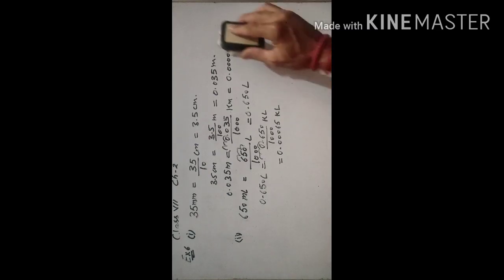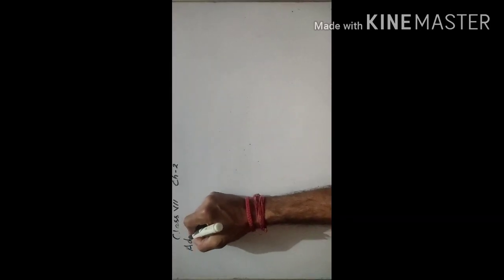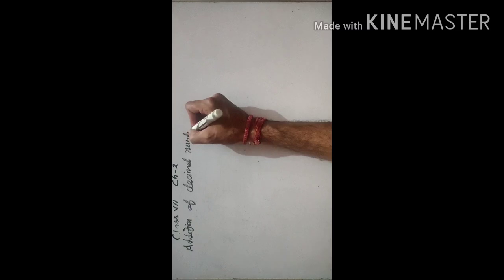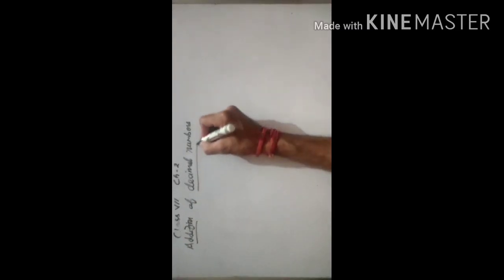Now next is addition of decimals. When we add two decimal numbers, we have to write the numbers in such a way that the decimal point of one number lies directly below the decimal point of the other.